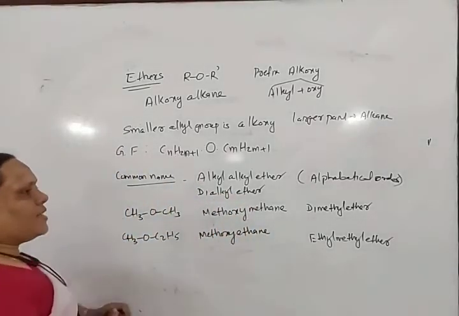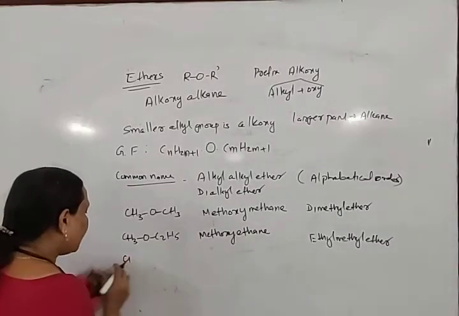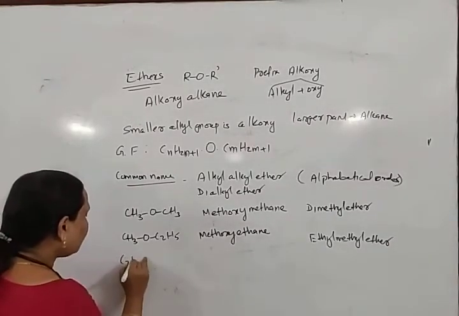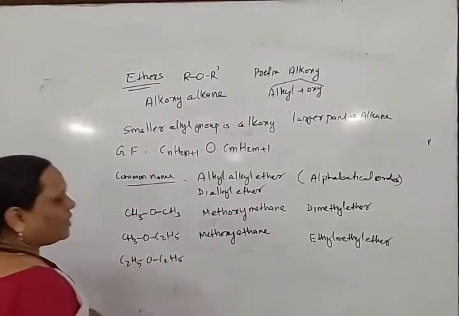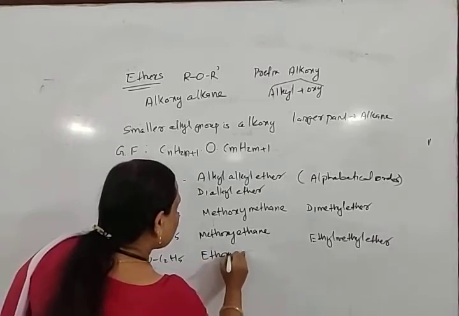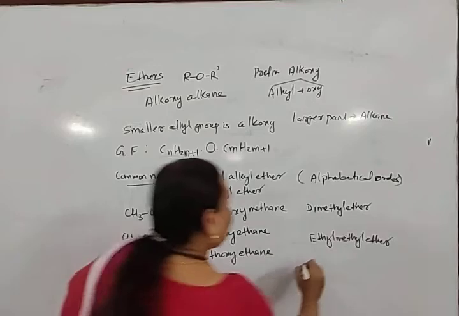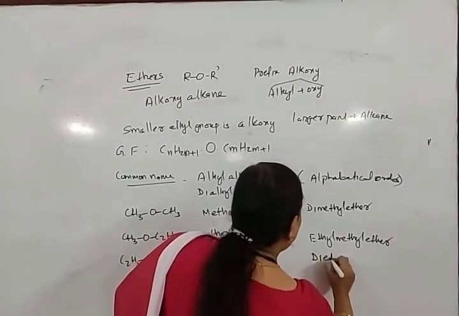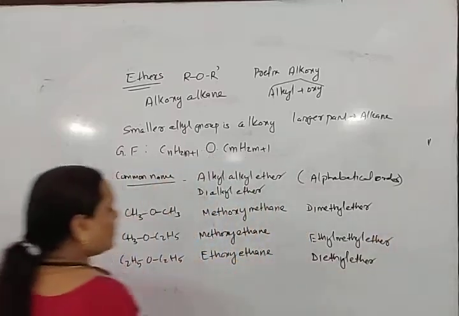This is the IUPAC name, this is the common name. Next, C2H5OC2H5 is ethoxyethane, and this is diethyl ether.